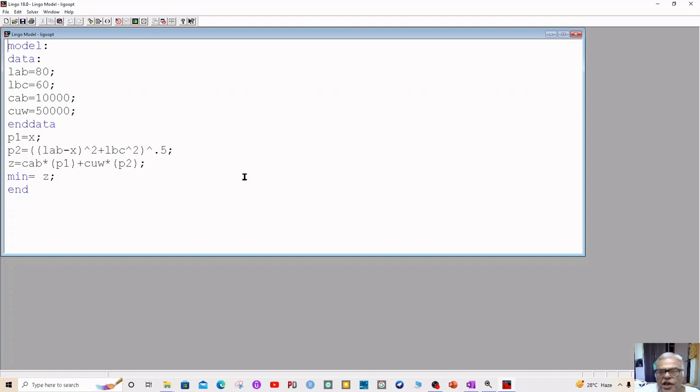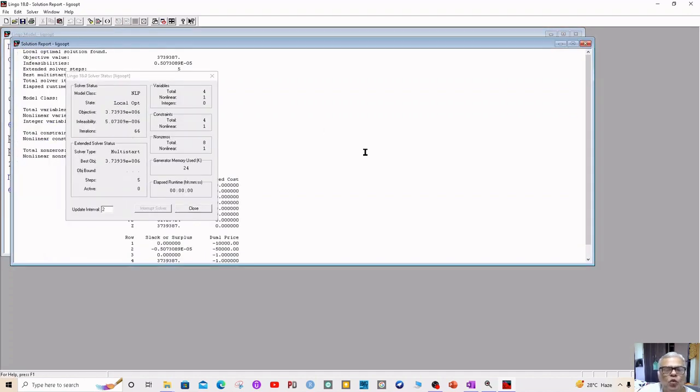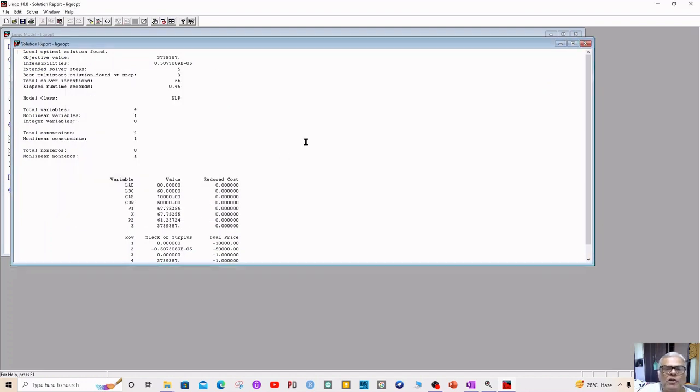After doing this, you need to run the software. Kindly ensure that at least the trial version of Lingo is installed on your PC. Once you install, it will run and give you the optimal solution automatically.